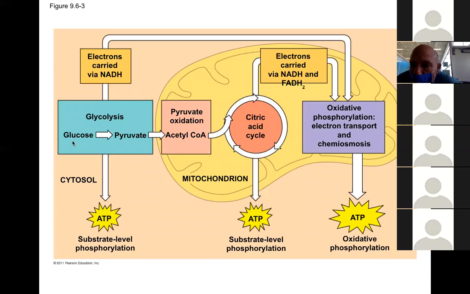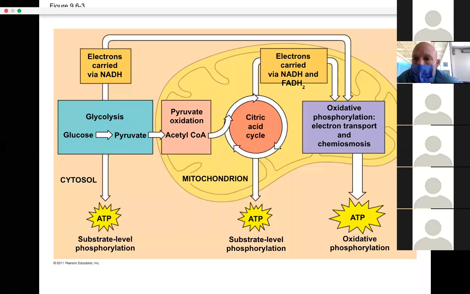Think about the reactants of cellular respiration. Take a breath out and tell me what's coming out. Carbon dioxide. That's when we'll know we're done. If we steal all the electrons from glucose, it should come out as carbon dioxide.